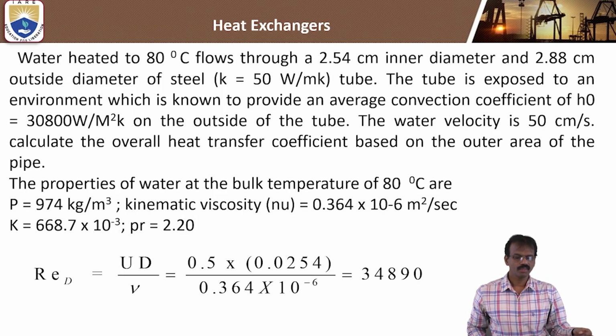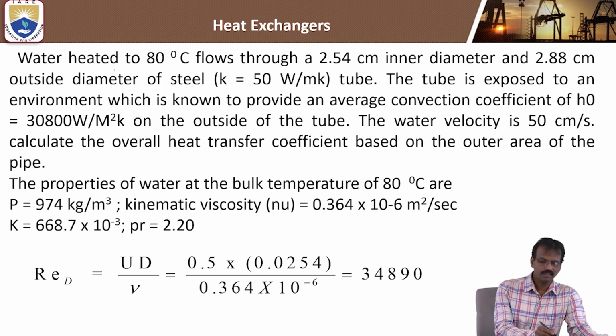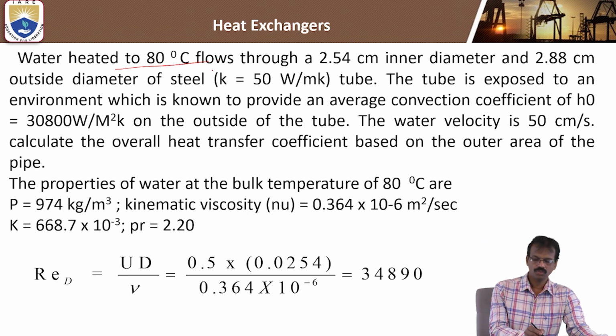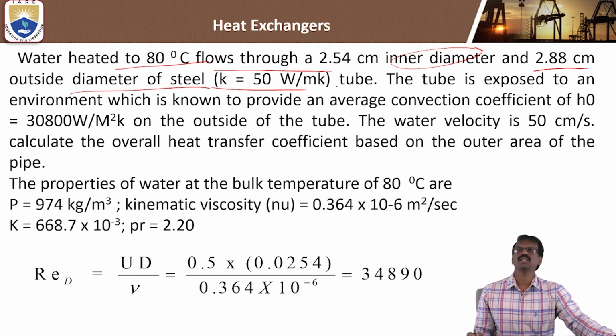Okay. The first one we will see. Water heated to 80 degrees Celsius flows through a tube of 2.54 centimeter inner diameter and 2.88 centimeter outer diameter. K is the thermal conductivity.